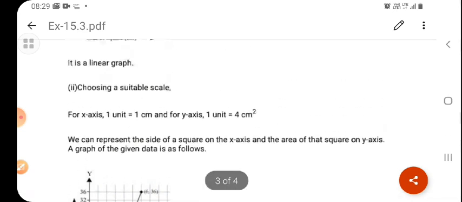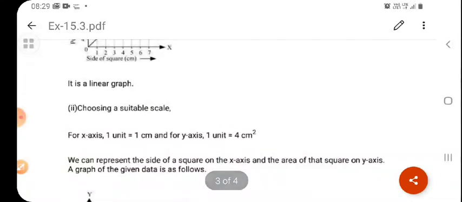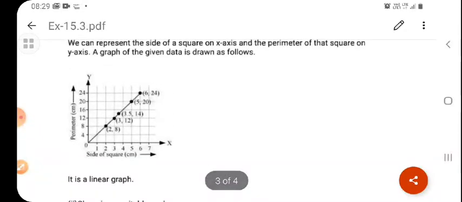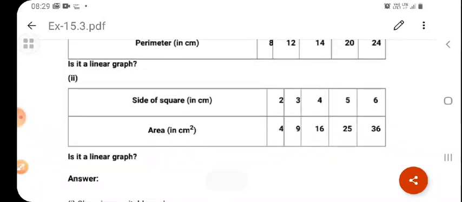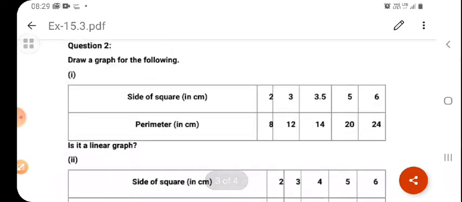Okay, so in this way you have to first take the x-axis and y-axis from the first part of the table, and take the units as 1, 2, 3, 4, 5, 6, and take the proper scale on the x-axis and y-axis and plot the graph using the points 2, 8; 3, 12; 3.5, 14.